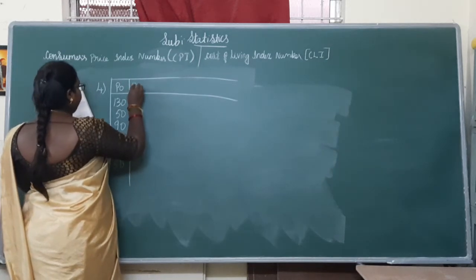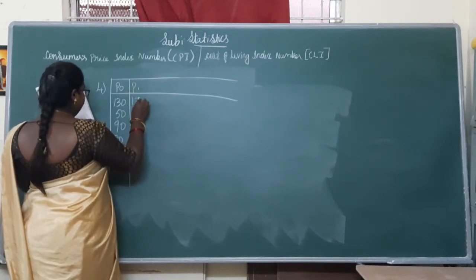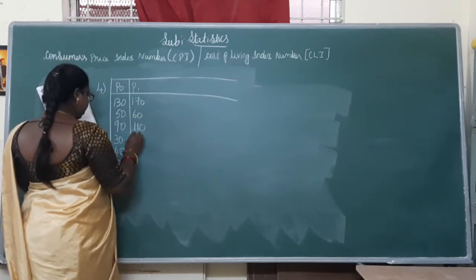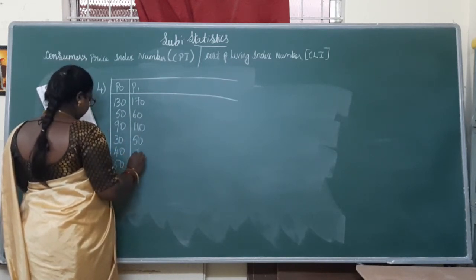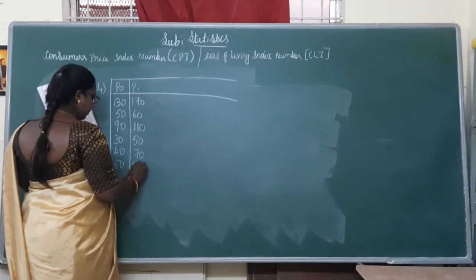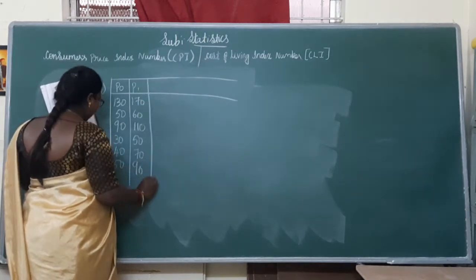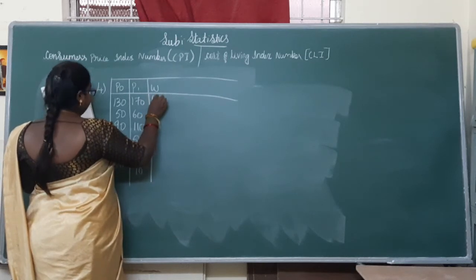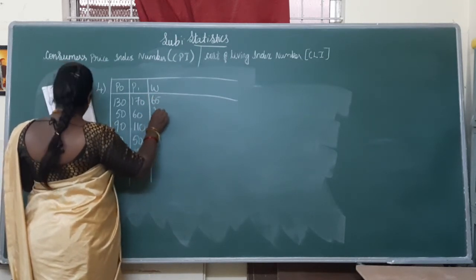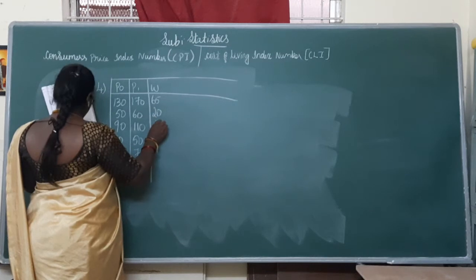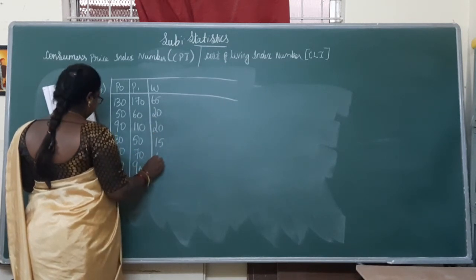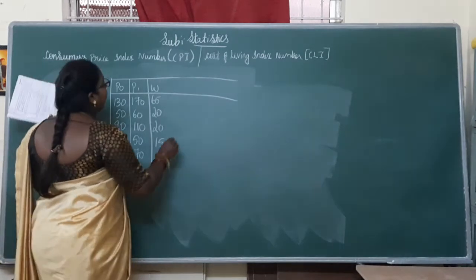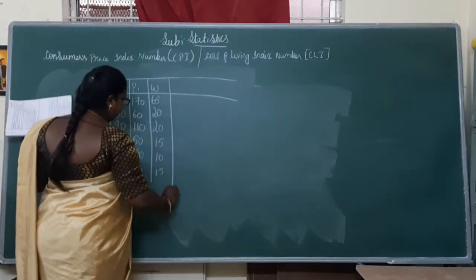Then I have my P1: 170, 60, 110, 50, 70, 90. Now I have my W, sorry, 65, 20, again 20, 15, 10, 15. Now I need to find out my P.